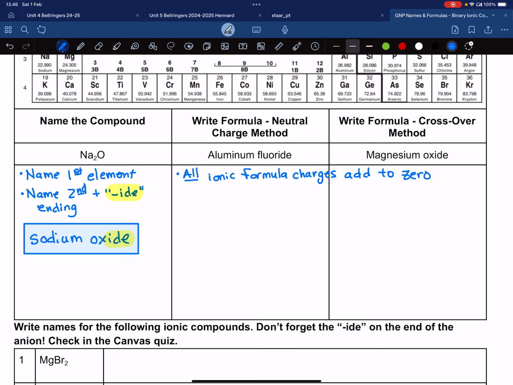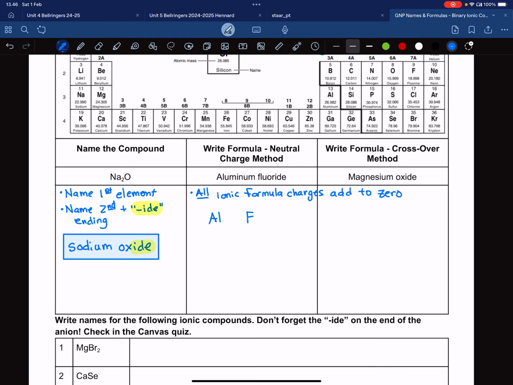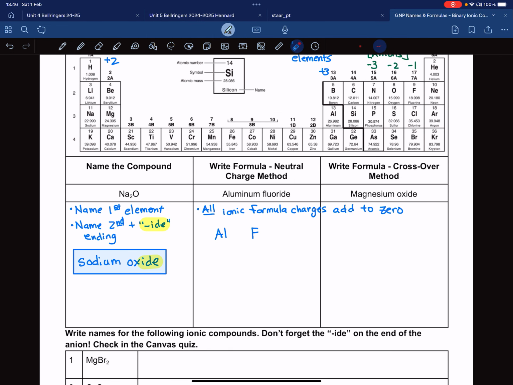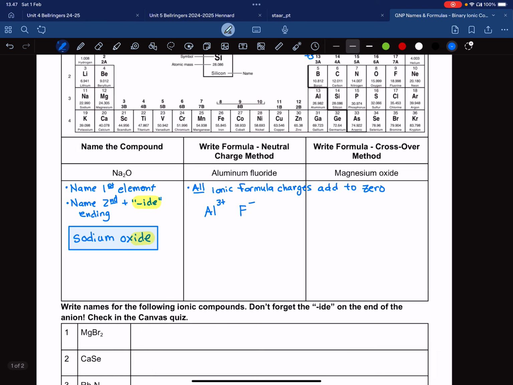So your positives and your negatives always cancel out. So first we're going to look at aluminum. That is clearly Al. Fluoride is F. So then we look at the charges. Aluminum is here in group 3A, so its charge is 3+. Fluoride is here in group 7A, so its charge is 1-, which we just write as a minus.